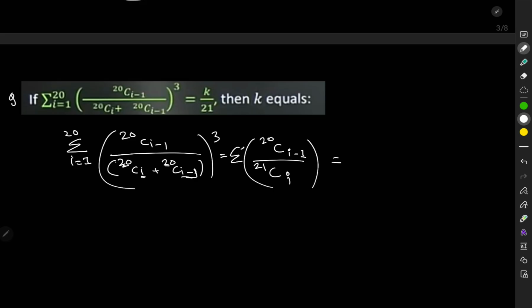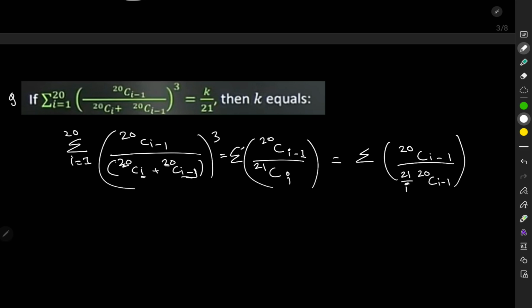So I can also write it as 20 C i minus 1 divided by 21 by i and 20 C i minus 1.